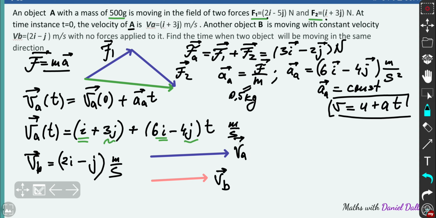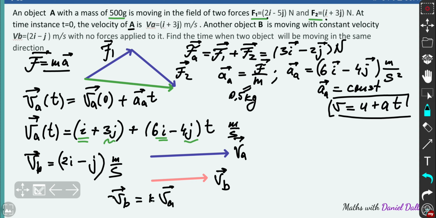So what it means in terms of vectors is that they're collinear, right? So you can say that VA vector times constant k, or probably better, k times the VB vector. VB, which is constant, is going to be collinear, basically directly proportional to the vector VA.